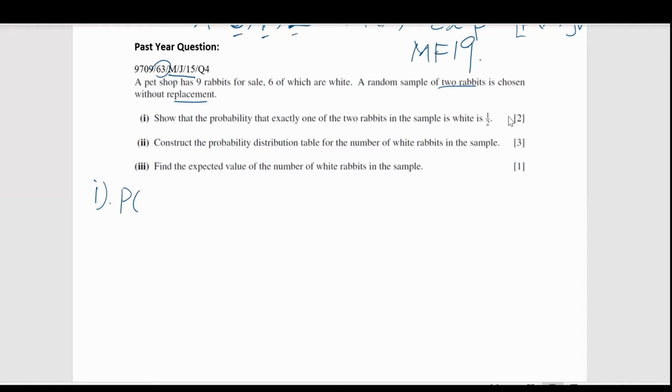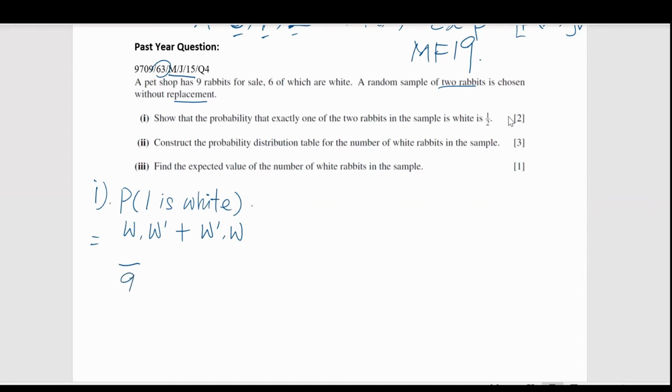We have 2 rabbits here, and exactly one of the 2 rabbits is white. So the first rabbit is white, then the second rabbit is not white, W prime. Or the first rabbit is not white and the second rabbit is white. Then how do we calculate the probability?